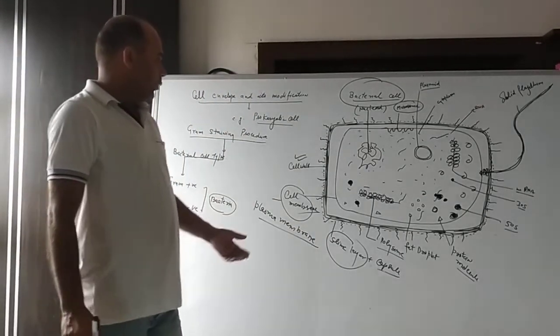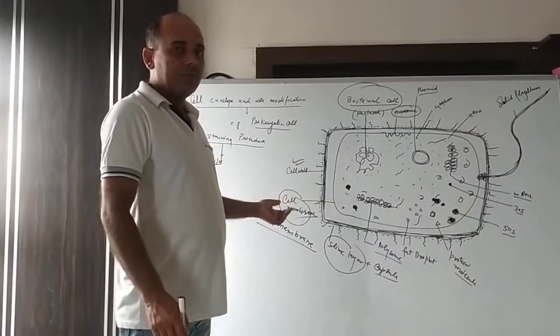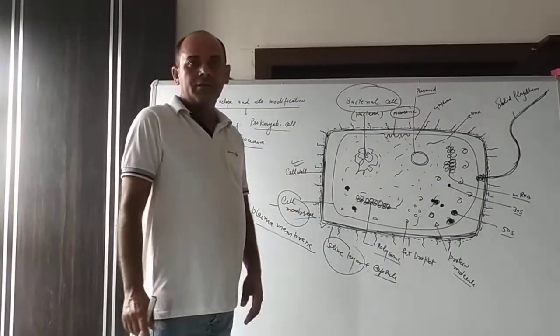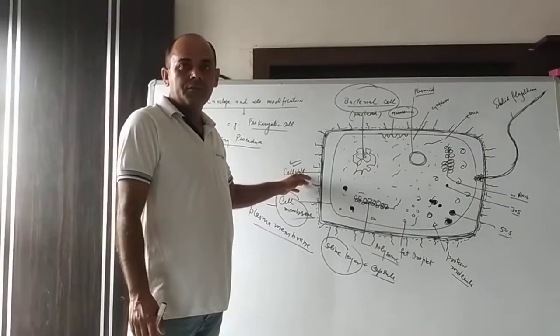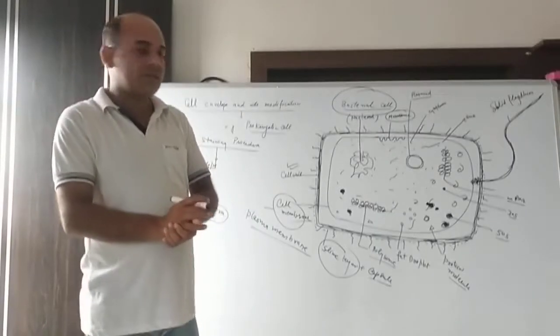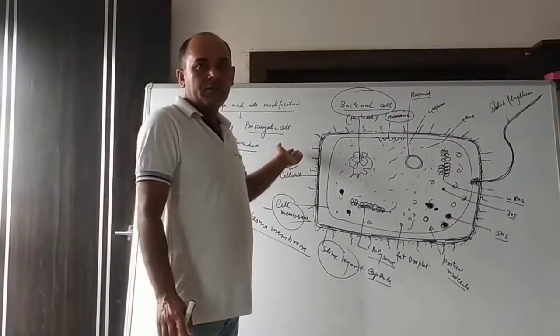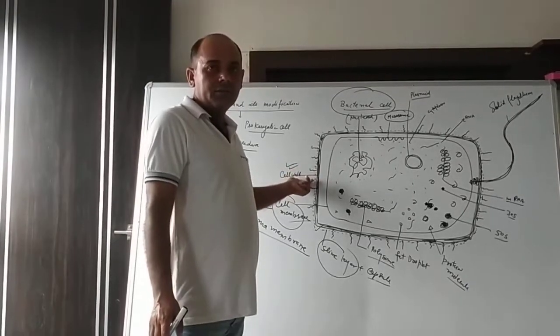You know very well what the functions and roles of these outer coverings are. When we discuss the role of the cell wall, as the name indicates, it is the outer covering which maintains the shape of the bacterial cell. It protects the cell from outside attacks.